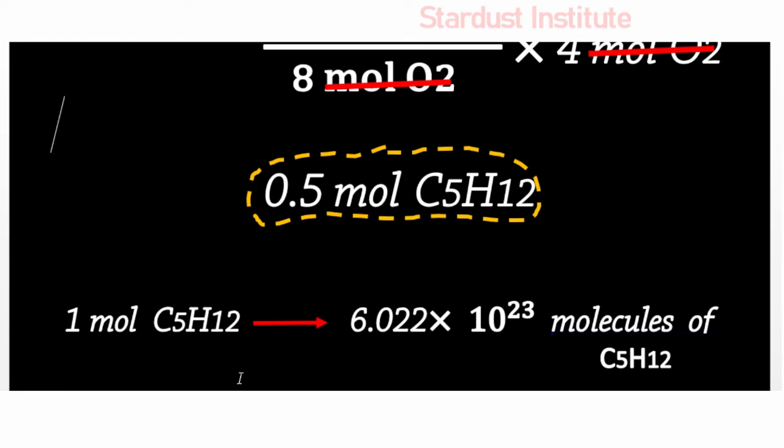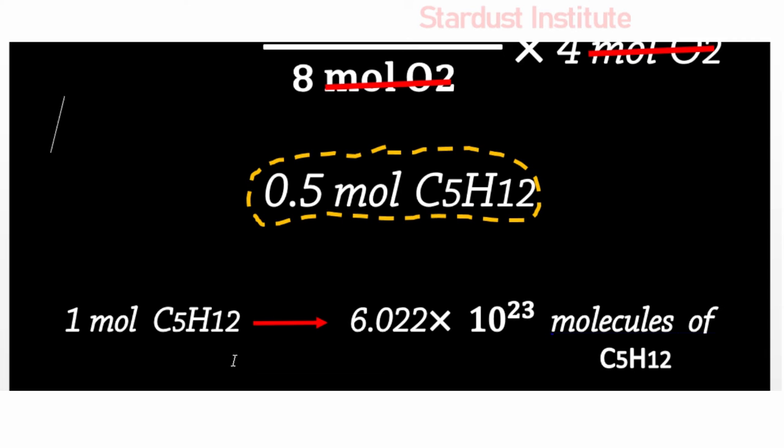We know 1 mole of pentane has 6.022 times 10 raised to 23 molecules of pentane.